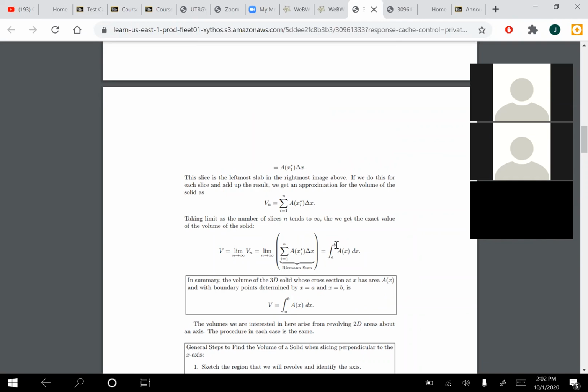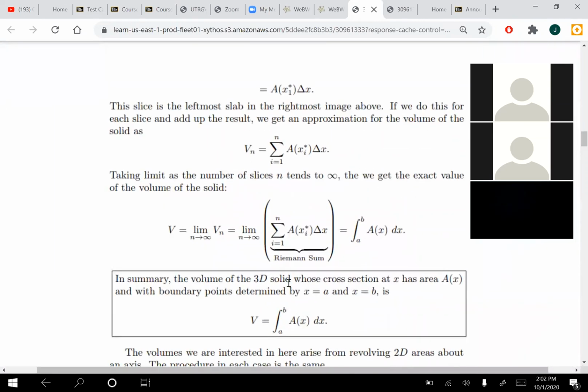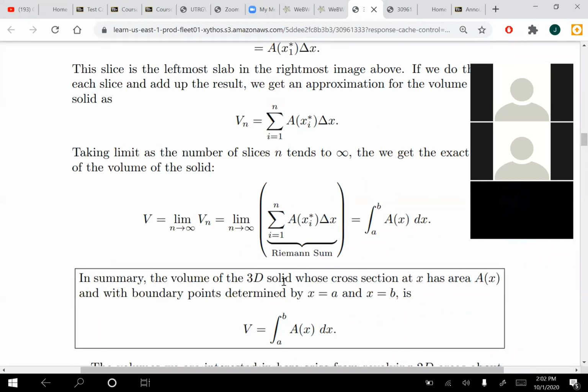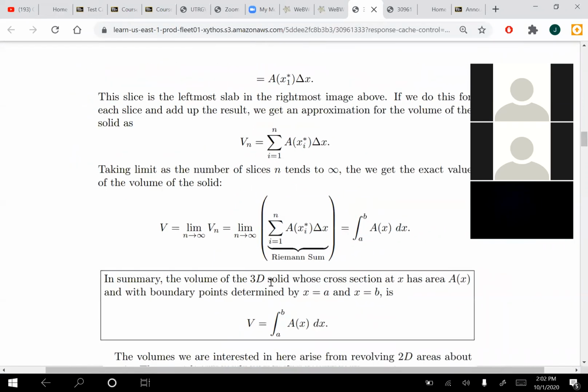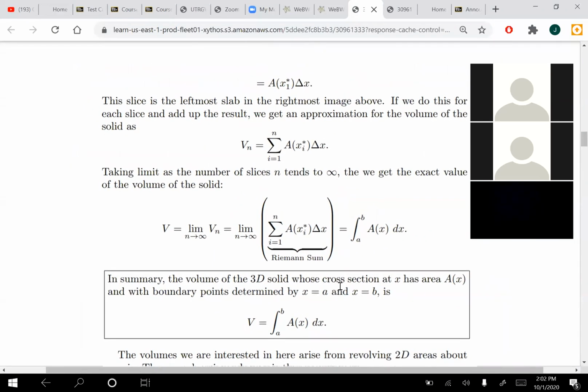So what is that formula saying? It's saying that the volume of a 3D solid, let me make this bigger, whose cross-section at x has area A of x, and with boundary points determined by x equals a, x equals b, is given by this formula.